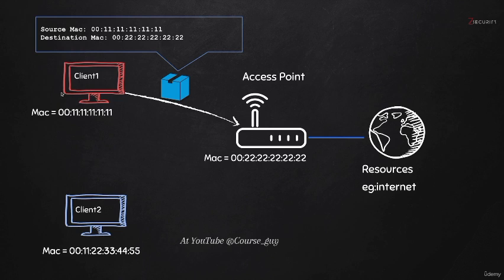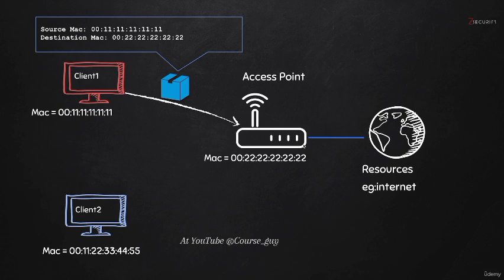So in this example, we have the client, it has this MAC, we have the access point, which has this MAC, and as an example, if this client wanted to send a packet to the router, it will set the destination MAC to the router's MAC address. Therefore, by default, each device only receives data that has the destination MAC as its own MAC address.